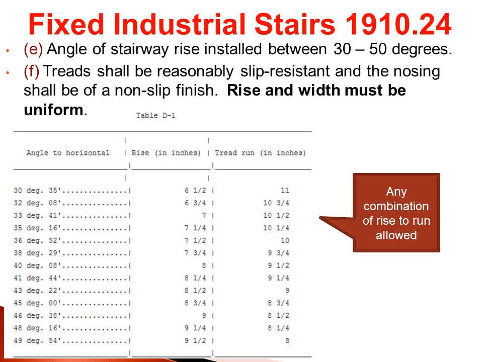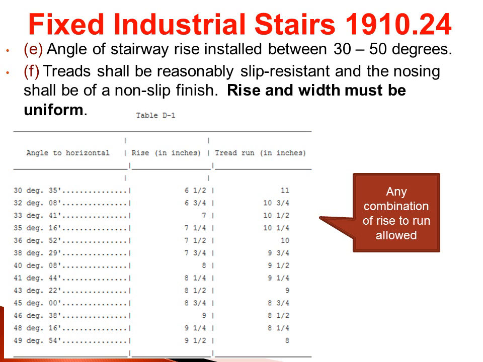So the angle of the stairway is the difference between the rise and the run, and they should be between 30 degrees and 50 degrees. And the tread length over the tread rise, as long as they're uniform, will be within the standard.